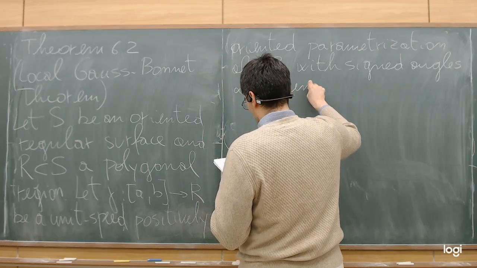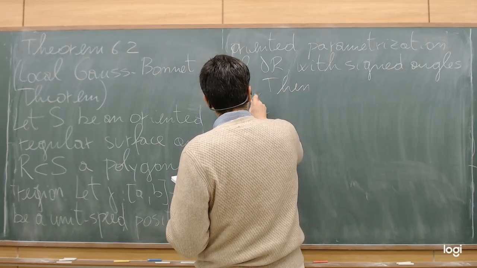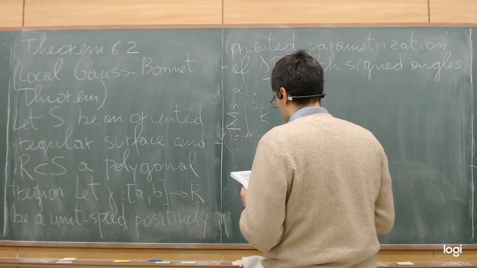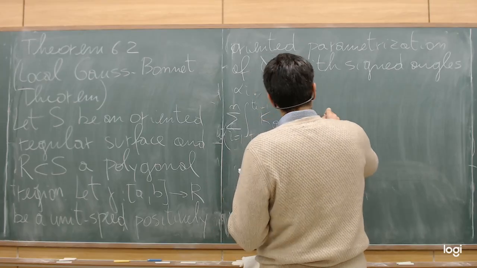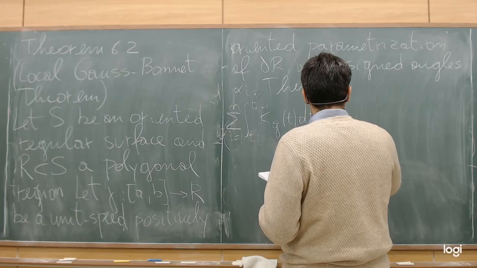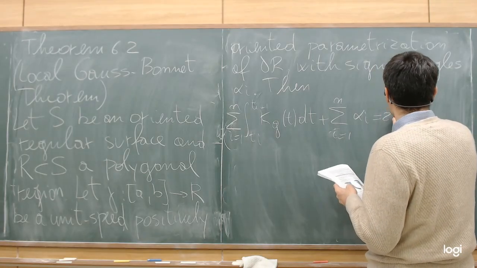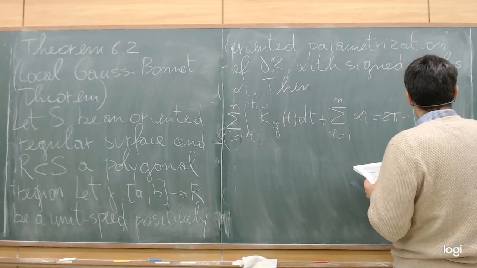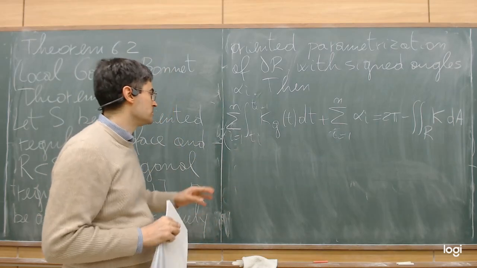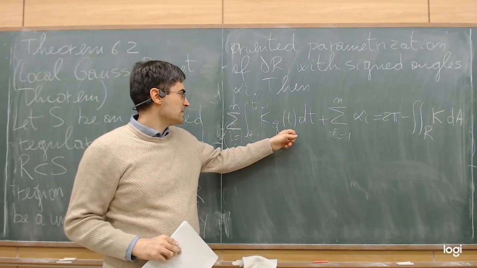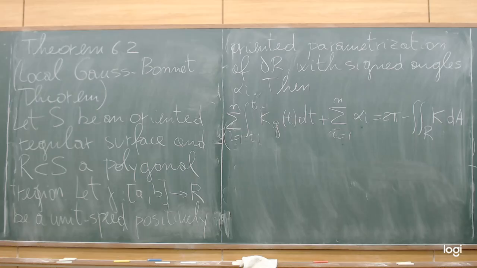Then the sum on i of the integrals from ti to ti plus 1 of kg t dt plus the sum of the sine angles is equal to 2 pi minus this surface integral.